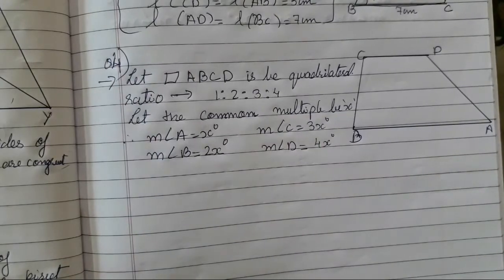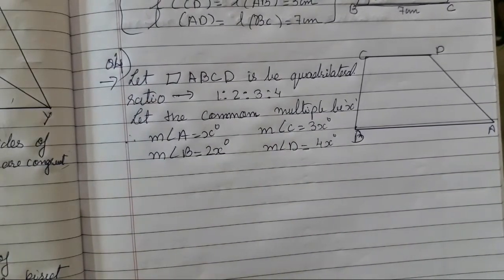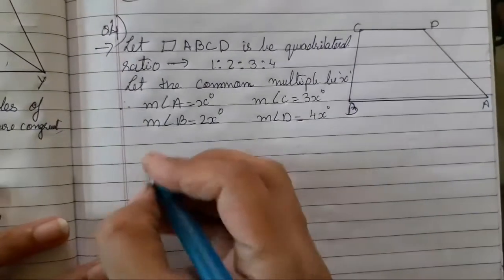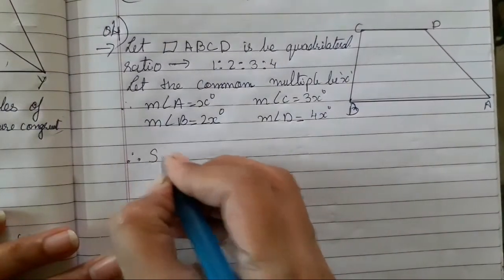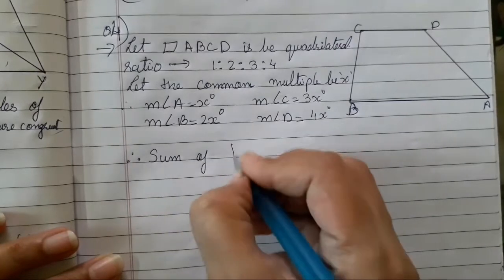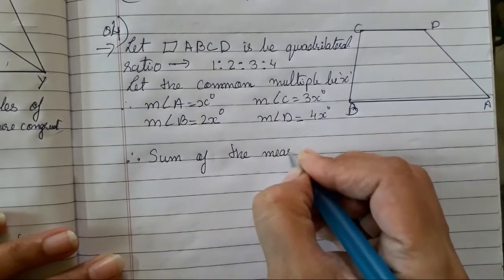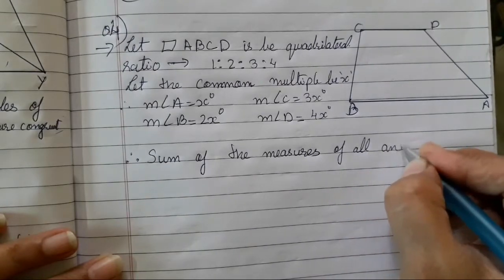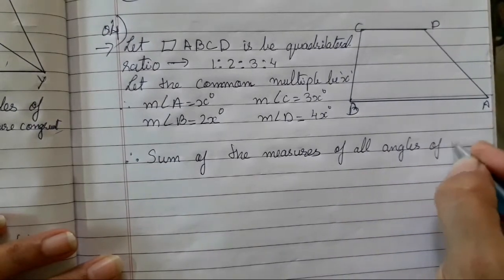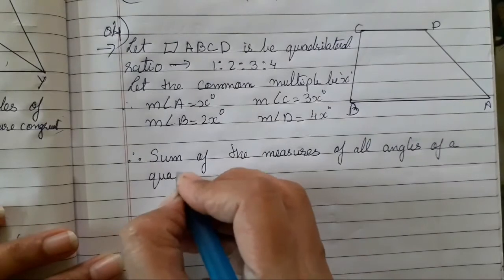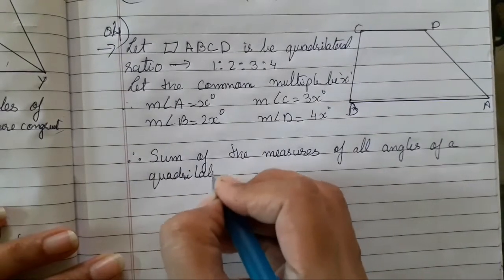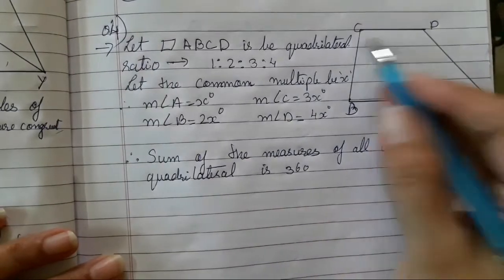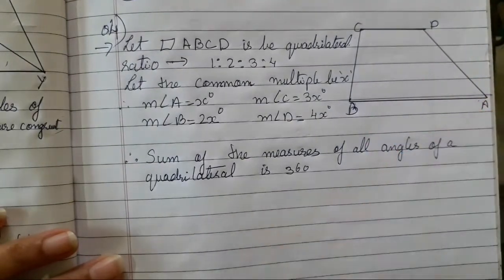Is it easy? Is it understandable? Okay. Now the sum of the measures of all angles of a quadrilateral is how much? 360. Okay, so all the angles should form how much? 360 degree.